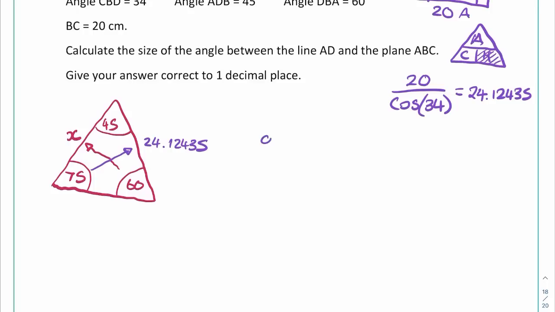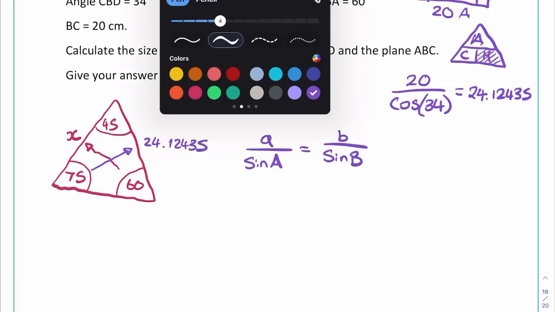So the sine rule: a over sine A is equal to b over sine B. So let's label these sides up. I like to call a the side that I'm looking for.